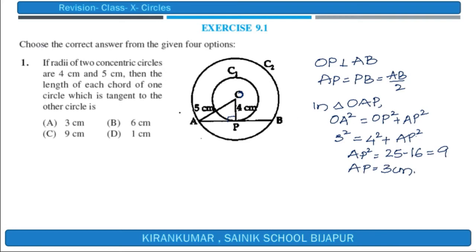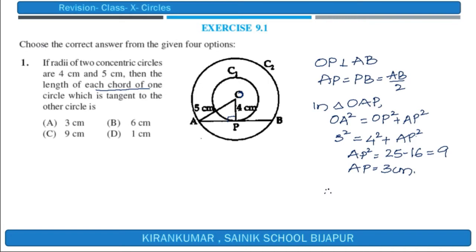They have asked us to find the length of each chord of one circle which is tangent to the other circle. So the length of AP is 3 cm.